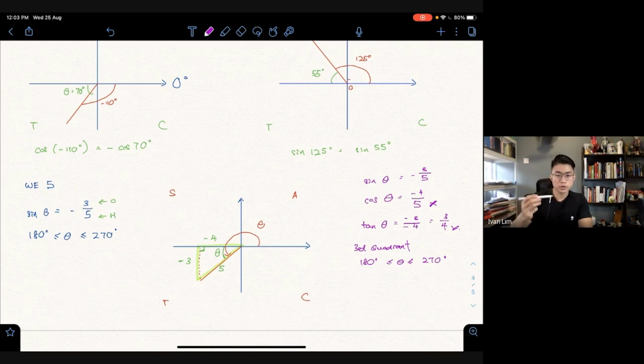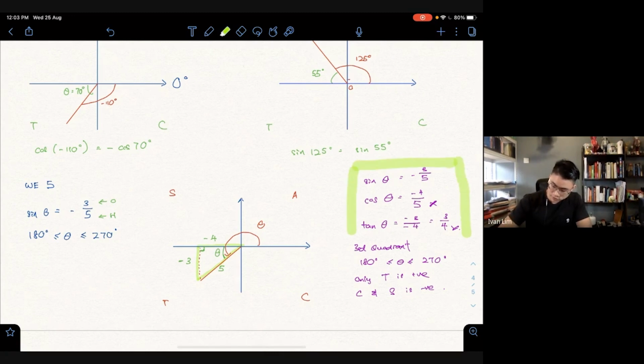So in the third quadrant, only T is positive. Cos and sine are negative. So you all see this value here? Does it obey? Sine theta, which is supposed to be negative, is -3/5. Cos theta equals -4/5. Tangent theta is the only one that's supposed to be positive, which is found as negative 3 over negative 4 equals positive 3 over 4. So you see, when we follow the rules, it will satisfy the ASTC for the angles.